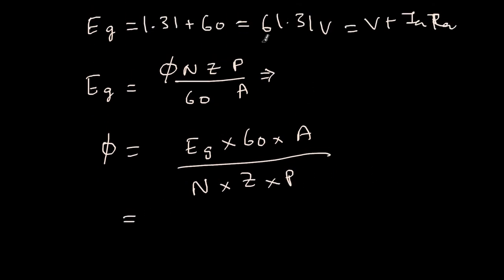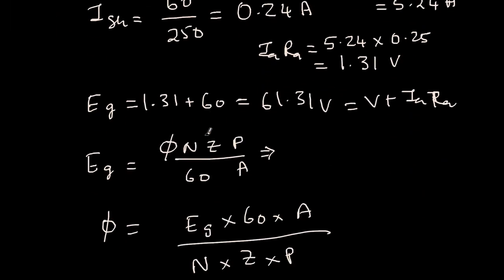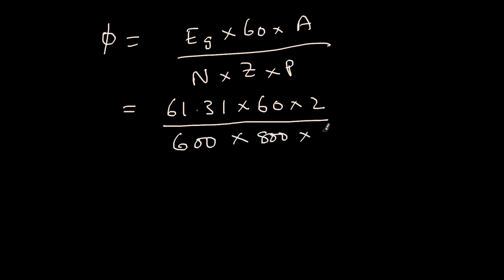EG I just calculated, 61.31 multiplied by 60 multiplied by A. Here I had written A is 2 and N is 600. Just remember these values, 808: two parallel paths, speed 600, conductors 800 and 8 poles.